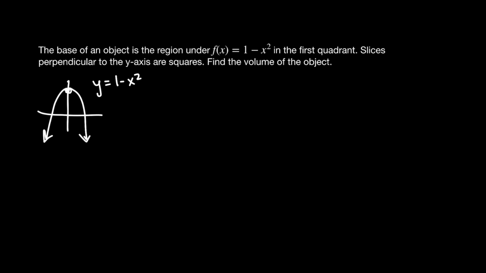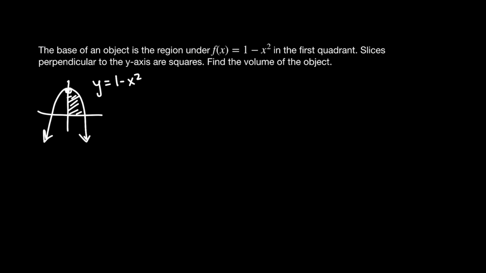So I know that the base of my object looks like this parabola, 1 minus x squared. The minus x squared is what tells me it's opening down, and then that 1, it's been shifted up 1. But we're actually just looking at the portion in the first quadrant. So I've shaded in the region that represents the base of this object.